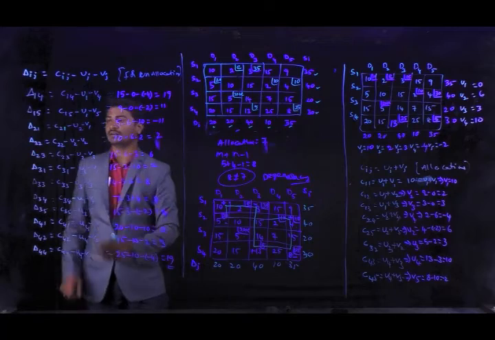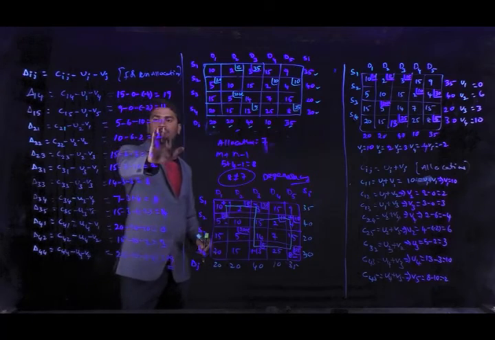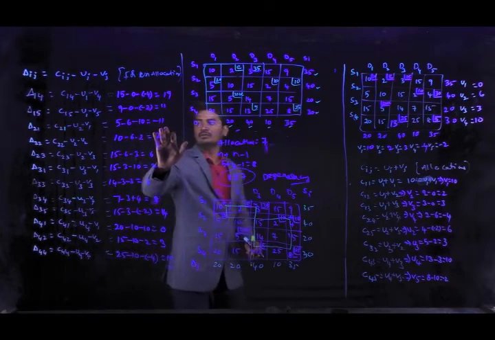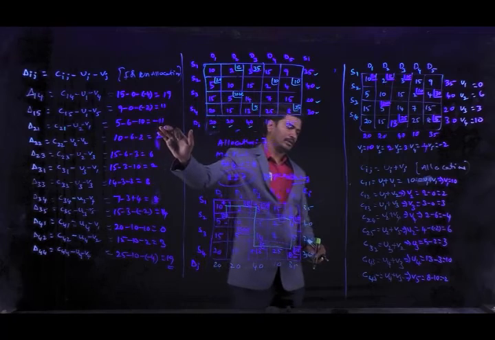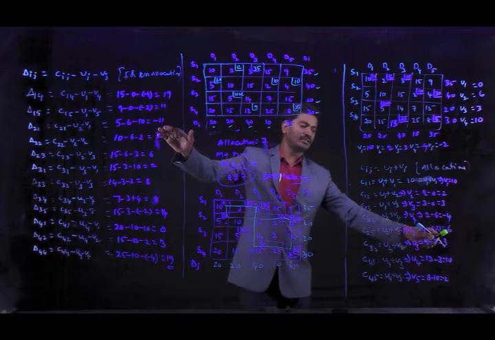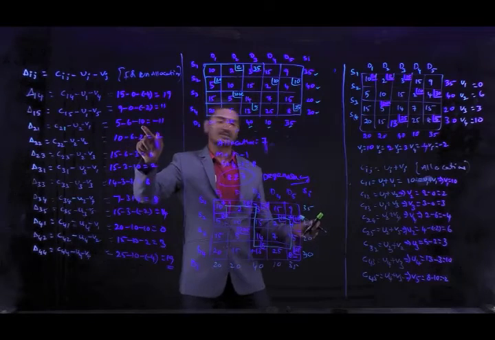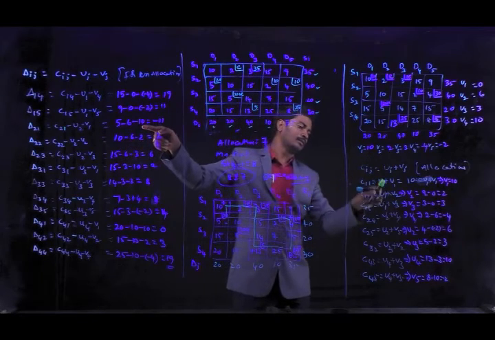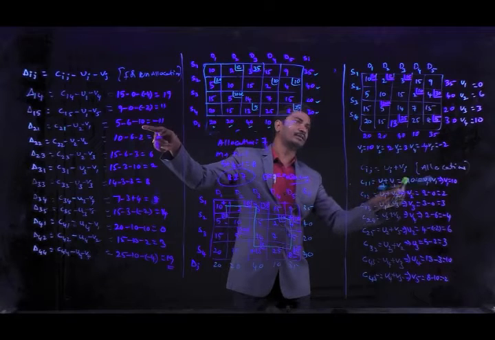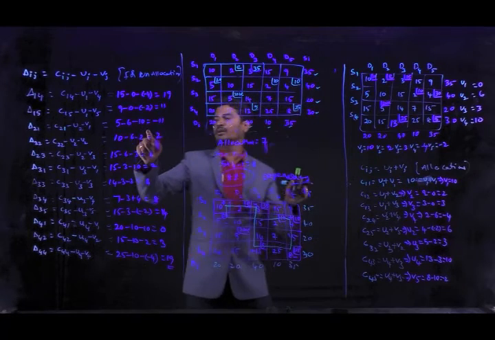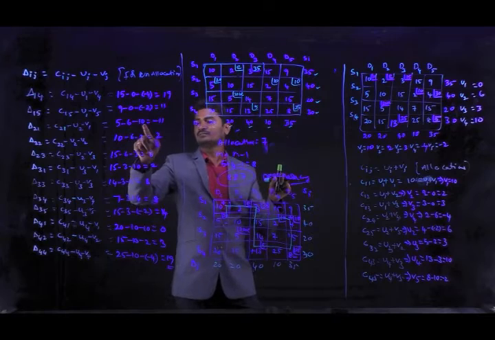Okay, these are the delta Ij values. Here we have the negative values. Again we are going to cross check this value. Here U2 is 6, and we are going to substitute 6 here. Next V1 is C11, 10 minus 0, so we are getting 10. So here also 6 minus 10 minus 11.